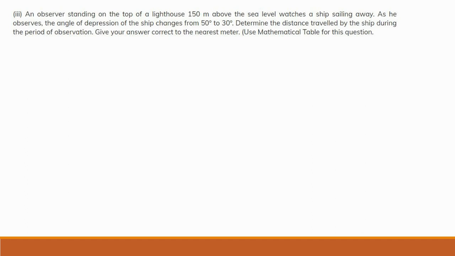An observer standing on the top of a lighthouse 150 meter above the sea level watches a ship sailing away. So this is a lighthouse of 150 meter. Mr. Observer is standing here. As he observes the angle of depression of the ship, he sees the ship from the top of the lighthouse like this.